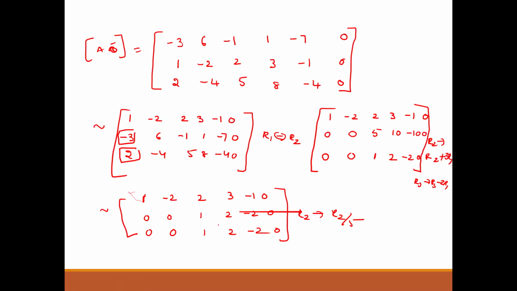To make it echelon form, first we have to make this 0. Next, I have to make this 0, so it is already 0. So by subtracting the third row with second row, complete third row will become 0. So we'll write here 1, minus 2, 2, 3, minus 1, 0.